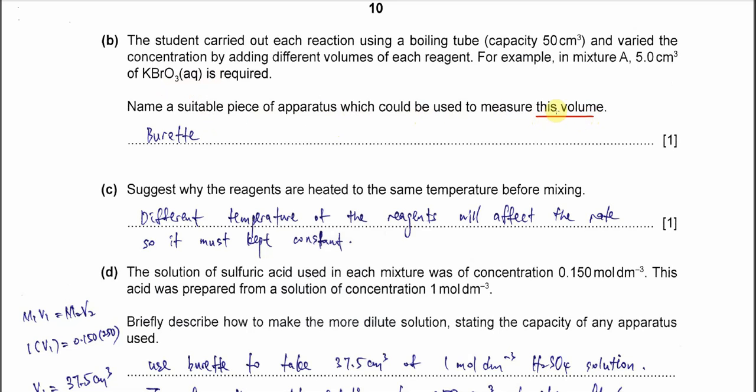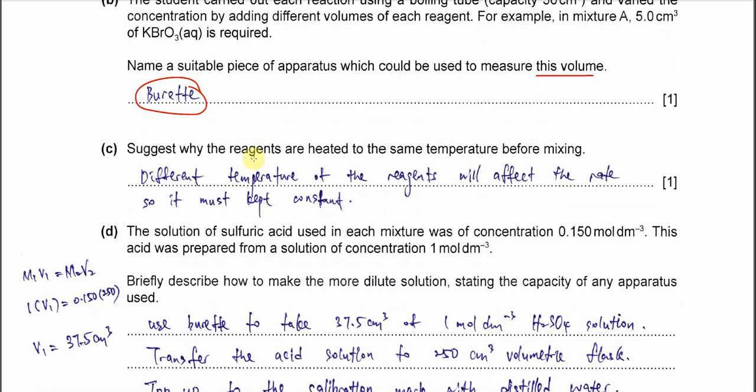Because the volume of the reactants is important, it will affect the rate, so it's better to use a more accurate apparatus. A bigger measuring cylinder is not really suitable, so it's better to use a burette to get the volumes.